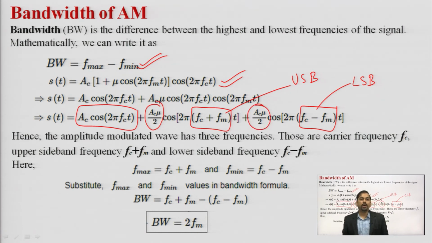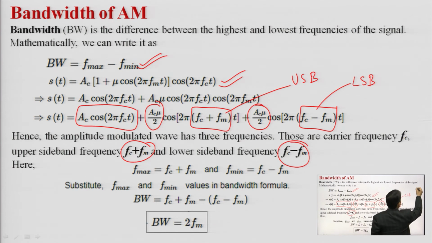The amplitude of the upper and lower sidebands is mu AC by 2, and the frequency of the upper sideband is fc plus fm, whereas for the lower sideband it is fc minus fm. If we draw this, we have fc plus fm and fc minus fm. This is the bandwidth, the range of frequencies.